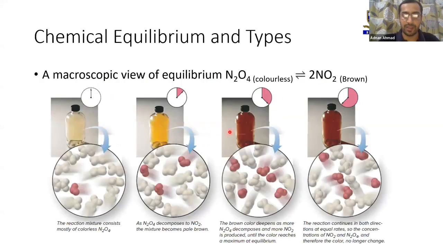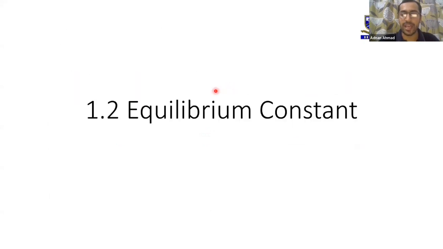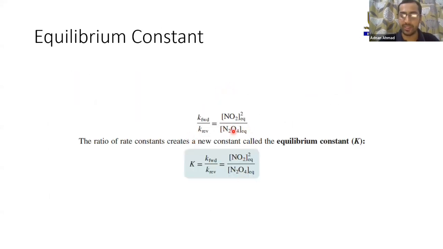If you look at this reaction, NO2 is at the top, which is a product, and N2O4 is at the bottom. This is how we write the equilibrium constant expression, which is called K.